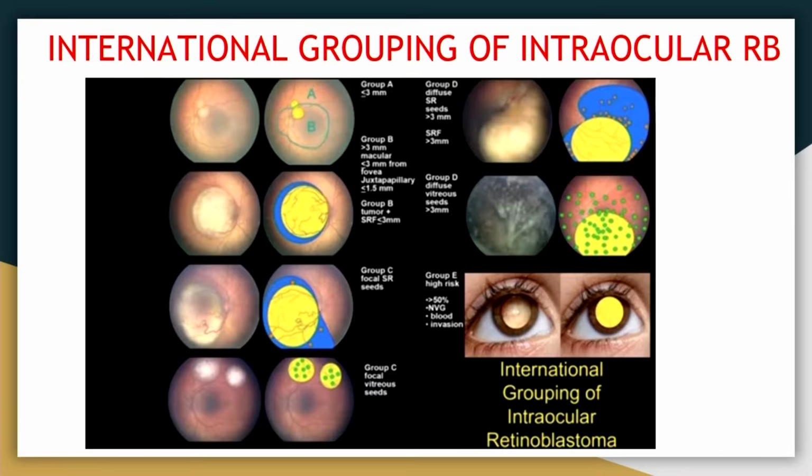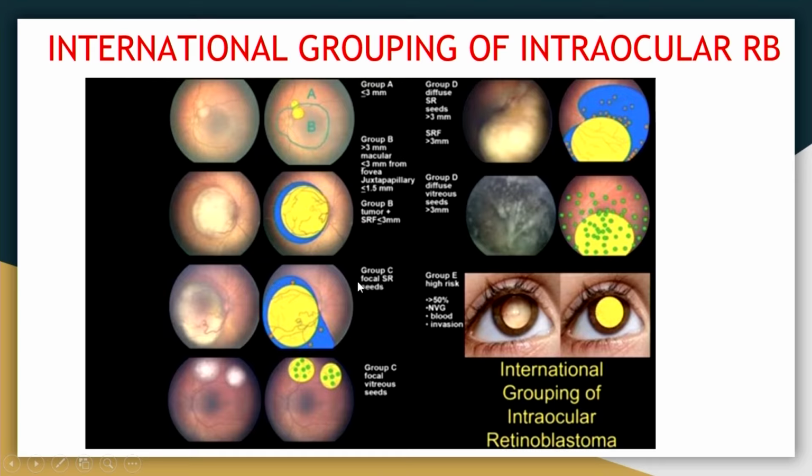All right. So the international grouping of intraocular RB: the lesions which are typically less than 3 millimeters are grouped as Group A. Group B is that which is greater than 3 millimeters, and those which are less than 3 mm from the fovea or less than 1.5 mm from the disc. And Group B tumors are those which are less than 3 mm having subretinal fluid.